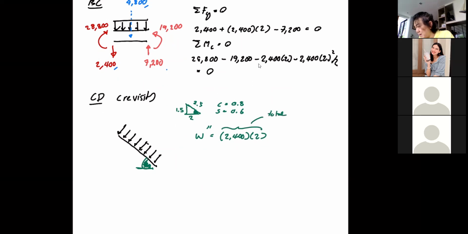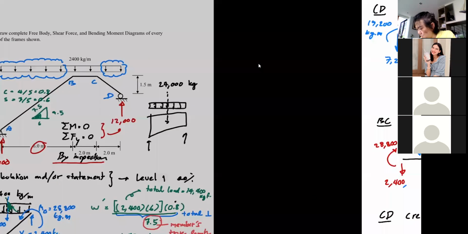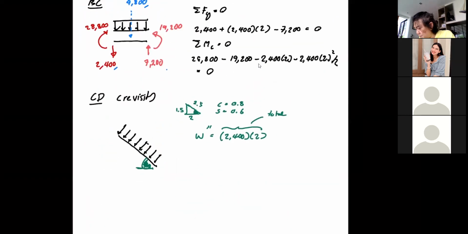And then we multiply that by the theta. Let me try to use the same color. So go back, okay? All right. So 0.8. So the entire term is total perpendicular load.